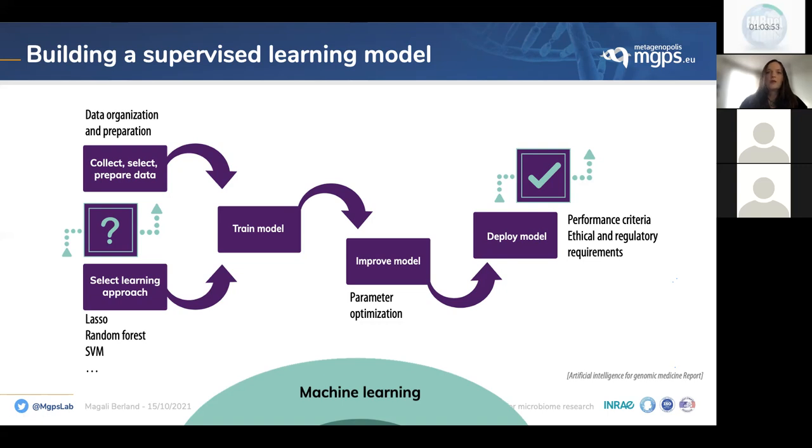This process is performed iteratively until the model is well trained. And once the model gives good performances, this model can be deployed to be used on new data. And there, if it's for a clinical application, it needs to meet, for example, performance criteria or ethical and regulatory requirements, depending on the context of use.